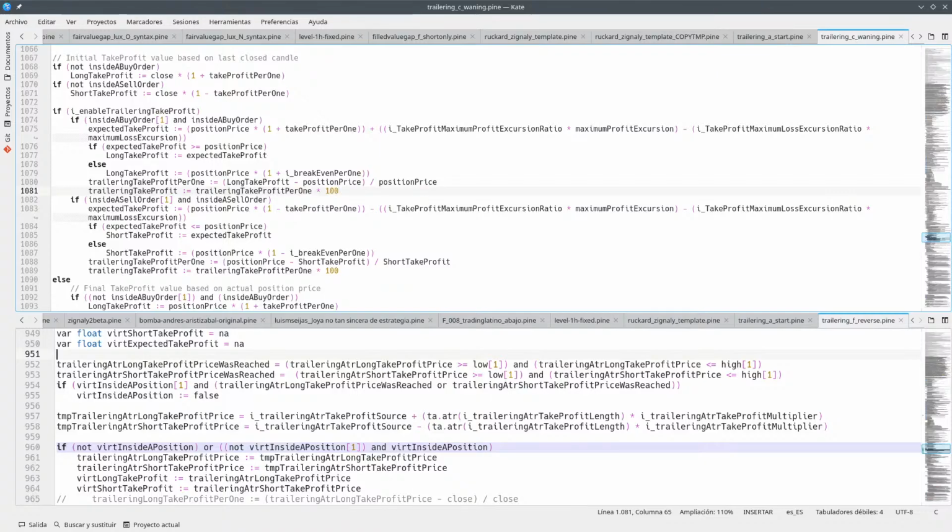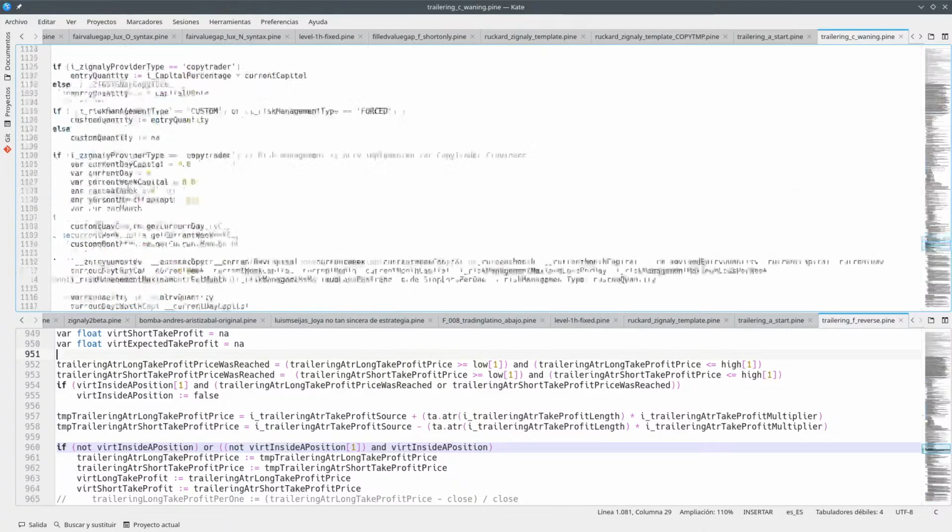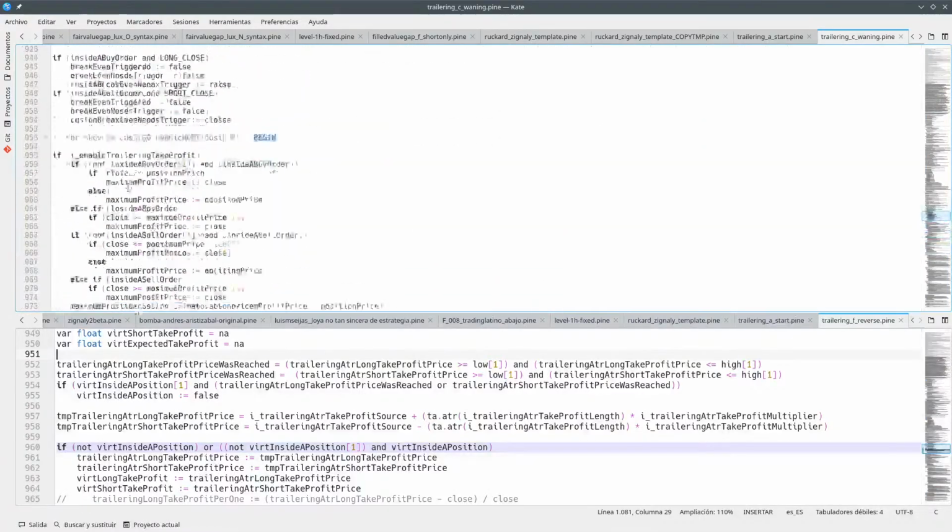But this needs to be updated in each one of the trades, otherwise this does not make sense to me. Isn't it? Because the trailing take profit should be updated always.